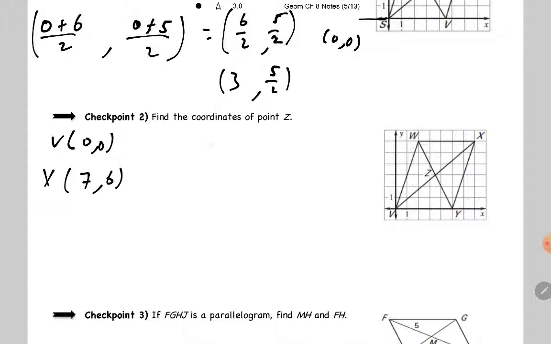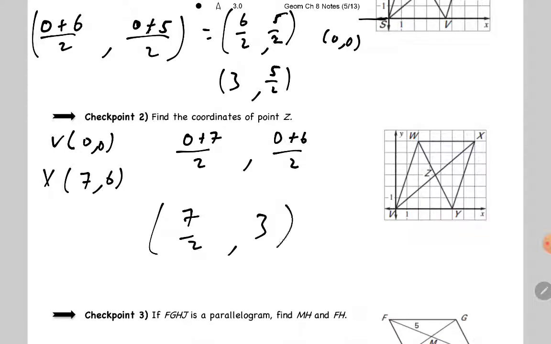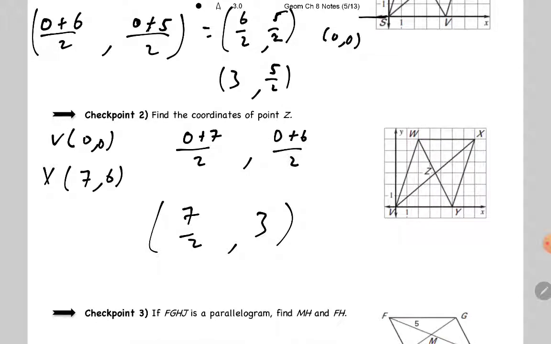So Z is the midpoint between those two. I'm going to add my x's together, 0 plus 7 divided by 2, and add my y's together, 0 plus 6 divided by 2. And I'll get 7 halves, comma, 3, which is 3.5, comma, 3. That's where Z is located.